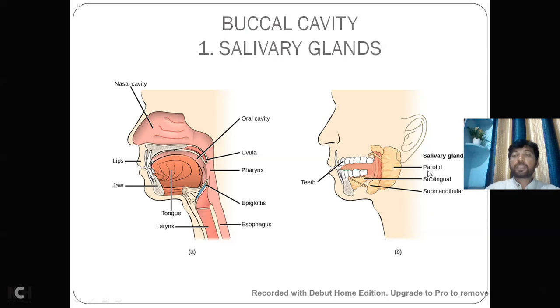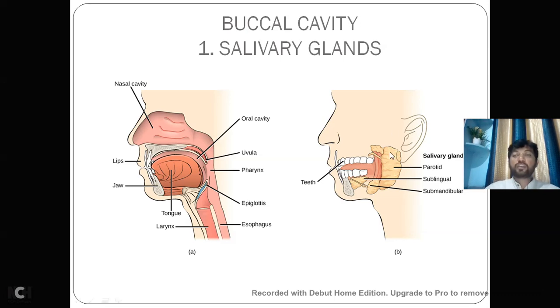There are the parotid salivary gland, sublingual salivary gland, and submandibular salivary gland. These are the three glands. They are present in pairs. Nothing but 6 salivary glands are present in the buccal cavity.